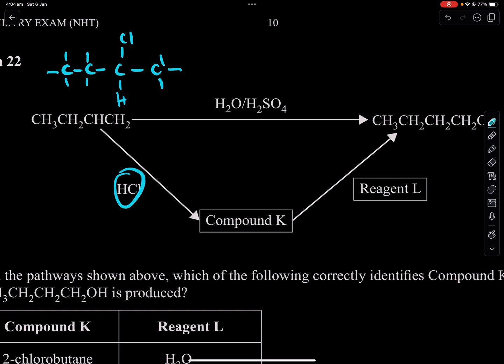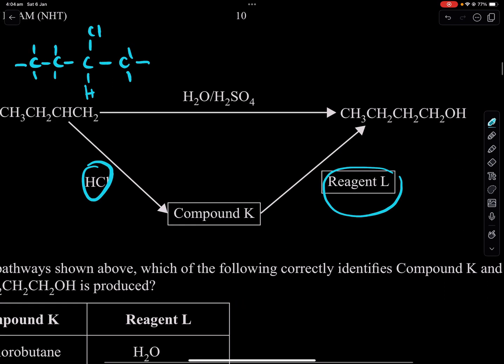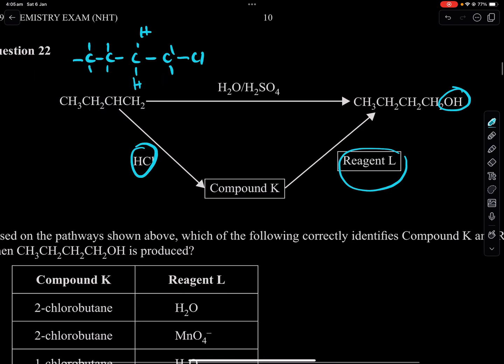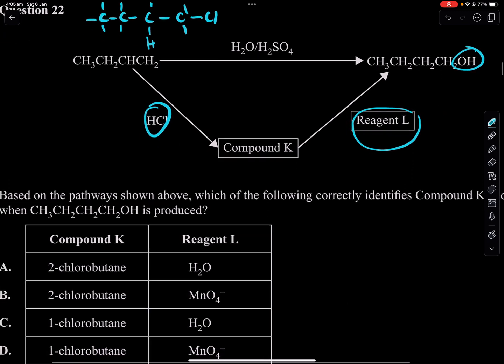It's going to be compound K, of course, and then we react it with a reagent, the OH, that will create alcohol. The alcohol will substitute for the Cl, and the OH would be over here, which in this case is not true because the OH is on the right side, at the end. So it has to be a Cl at the end of it. Nice and easy. So we're going to put a Cl at the end of it. So compound K is going to be 1, 2, 3, 4.